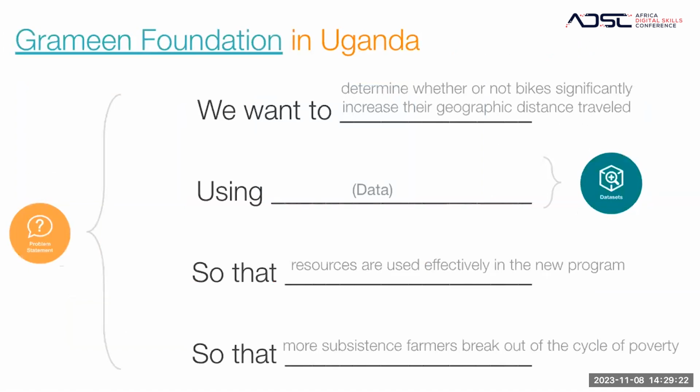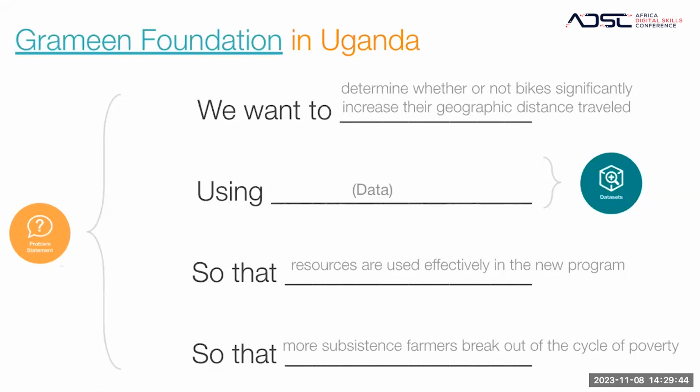First, Grameen Foundation came to DataKind wanting to measure whether bikes increase efficiency enough to justify a new program using bikes to give support for financial inclusion programs to farmers. And our project helped Grameen decide to cut the program because it wasn't providing as much value to the farmers as Grameen had hoped it would.